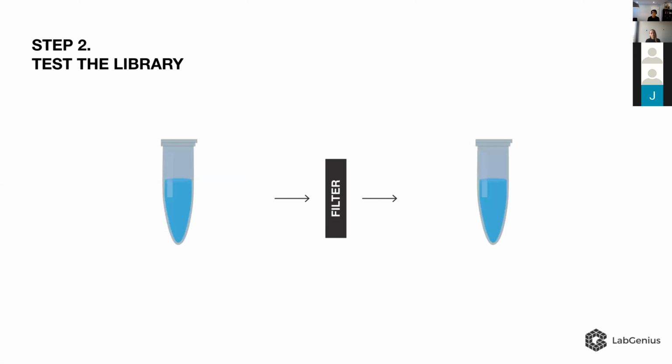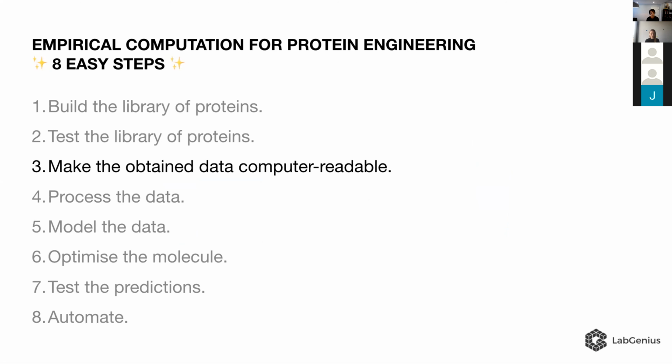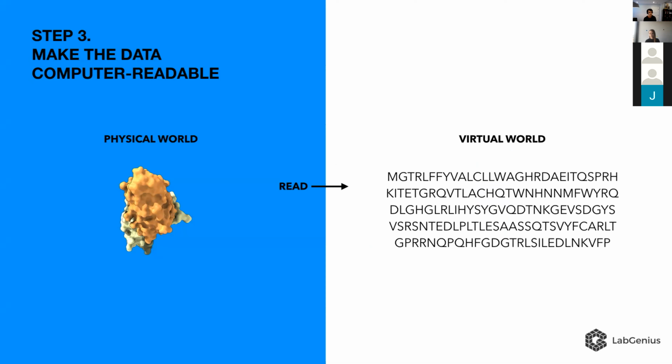But up until now, all of what the human scientists could see was a tube with transparent liquid as the input of the filter and a tube with transparent liquid as the output of the filter. So now we need to make the data computer and human readable. We do this by using these amazing machines that are called next generation sequencers.